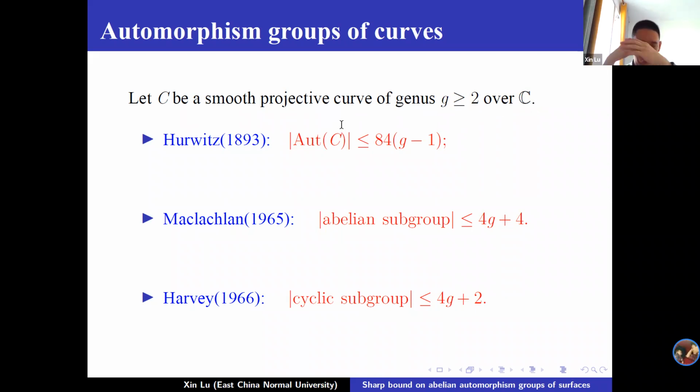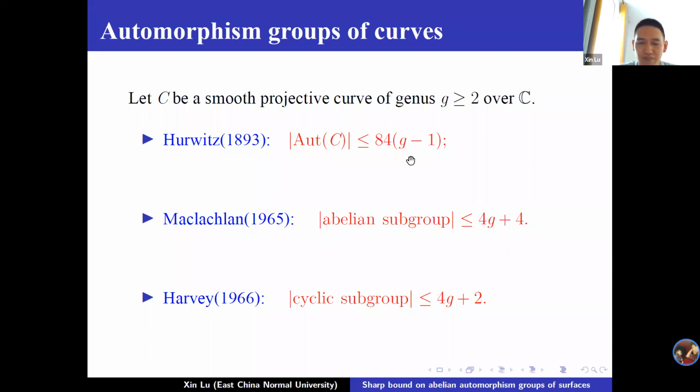In the 19th century, Hurwitz already got the upper bound for the total automorphism group of C. That is, the size of the total automorphism group is bounded from above by 84 times (g minus 1).